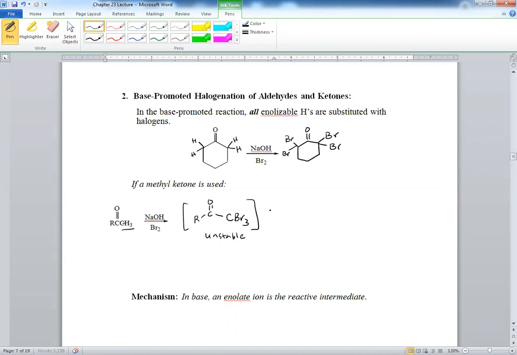And if this undergoes a few steps, first adding a base, then an acid, you actually end up with a carboxylic acid and something called a bromoform.